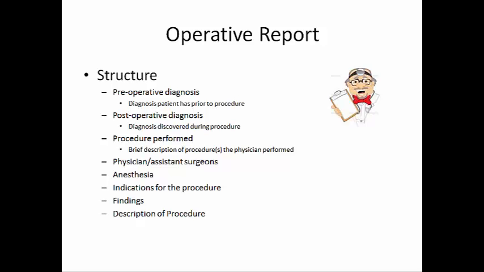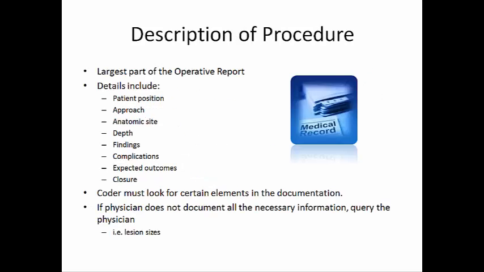Coders should not code the procedure based on this brief description. It is very important they read the detailed description of the procedure. They should never code from the title of the procedure. And then you'll have maybe the physicians listed, the anesthesia, the indications for the procedure, sometimes the findings, and of course that detailed description.